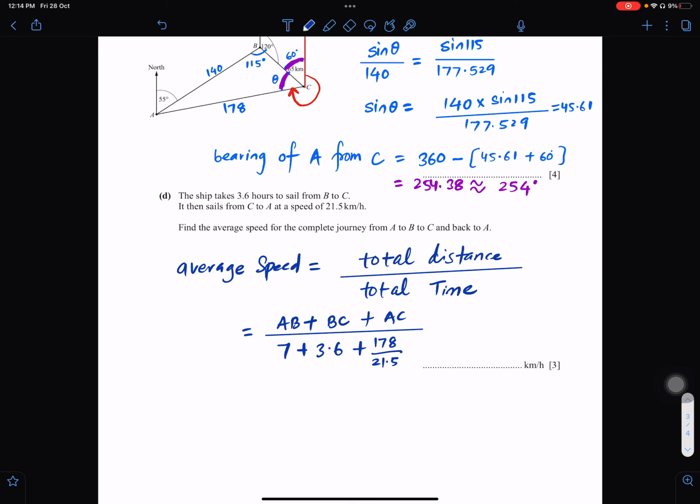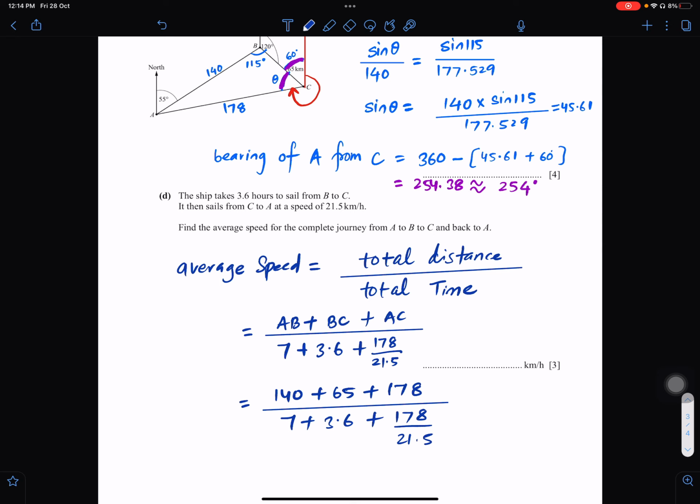Alright, and let me put the distances also. So the distance of AB was 140 plus the distance of BC was 65 plus the distance of AC is 178, divided by the total time, which is 7 plus 3.6 plus 178 over 21.5.